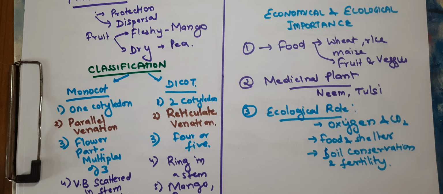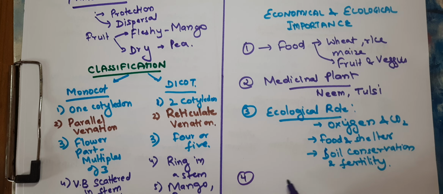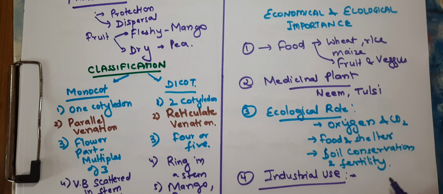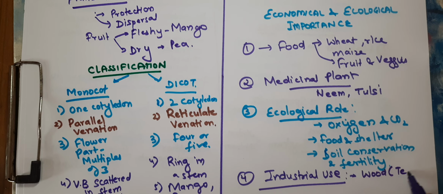And if we talk about the industrial use, this will be the last. Few angiosperms provide wood, like teak, and rosewood is also there. Some provide fiber like cotton and jute.